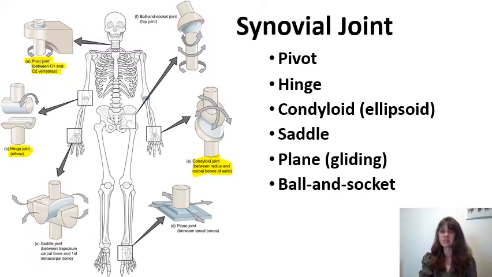Another type of synovial joint is a synovial saddle joint. The synovial saddle joint occurs at the trapezium and the first metacarpal of the hand and allows for opposition and reposition.